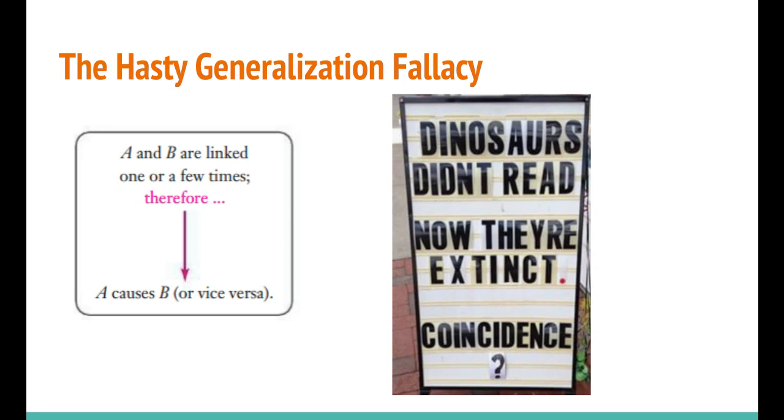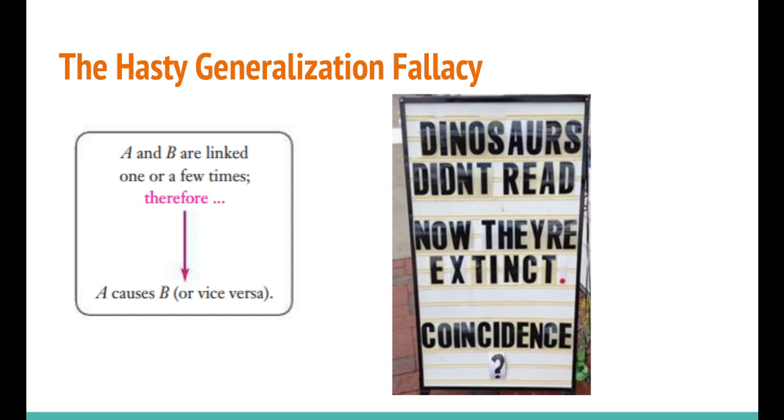Now they're extinct, fact. Coincidence, if we kind of read between the lines there, it says, oh, maybe we shouldn't read either, right? They're generalizing that from dinosaurs to all animals that walk the earth. So it's just a funny one, but they're generalizing. So they're taking the really specific example of dinosaurs, and these are not linked, by the way.